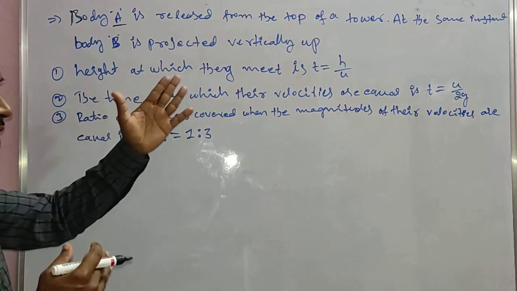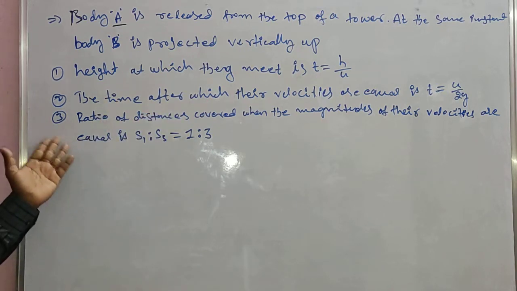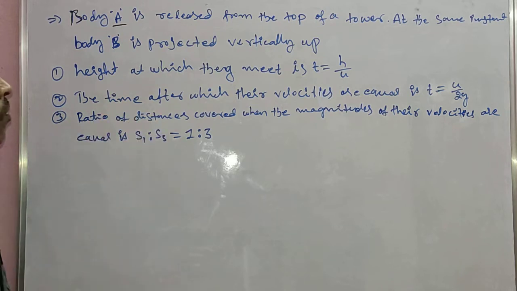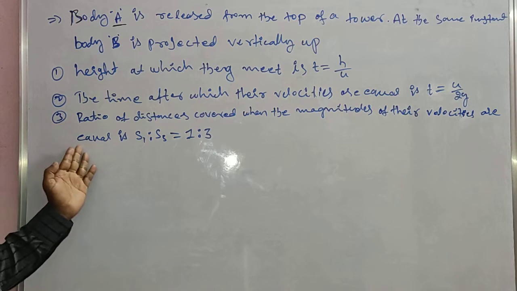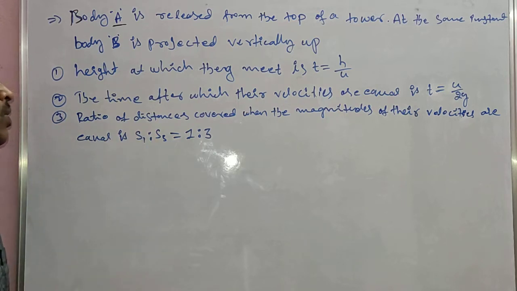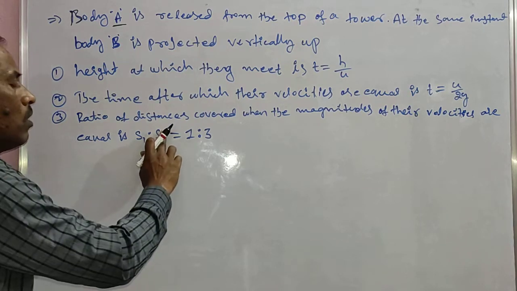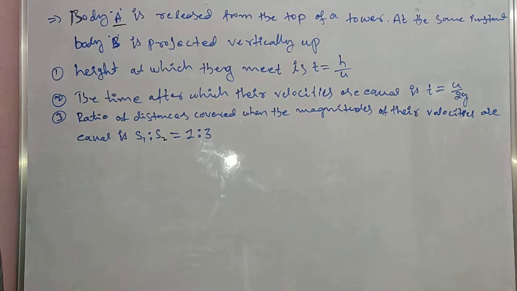Third condition: the ratio of distances covered when the magnitudes of their velocities are equal is s1 is to s2 is equal to 1 is to 3. Show these three cases.